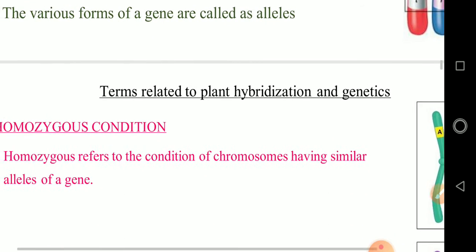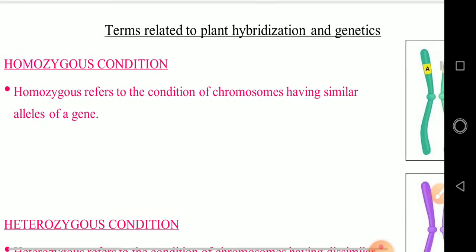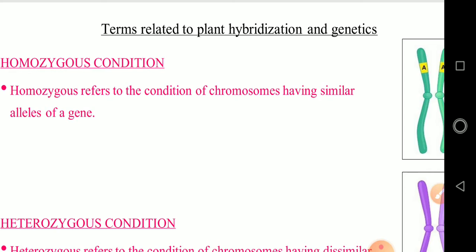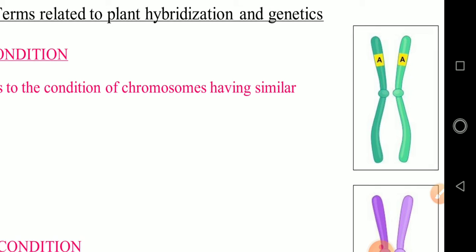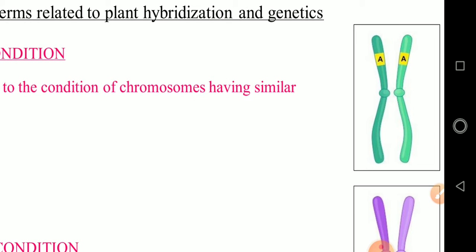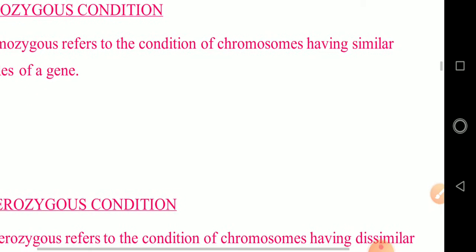Now, homozygous condition. What is homozygous condition? Homo means same. Homozygous refers to the condition of chromosomes having similar alleles of a gene. See this, in this chromosome, capital A are the alleles. They are similar, both are capital A. Homozygous condition.